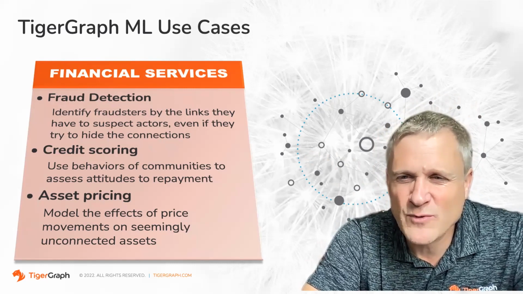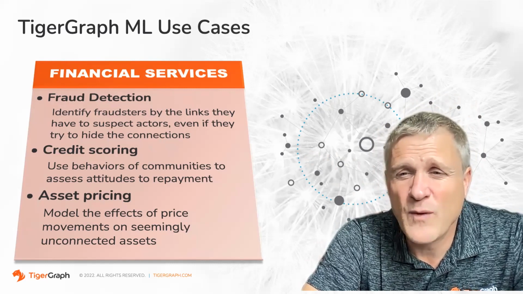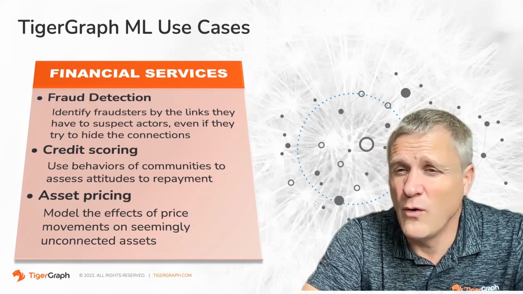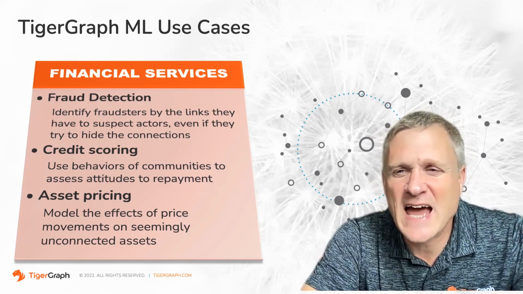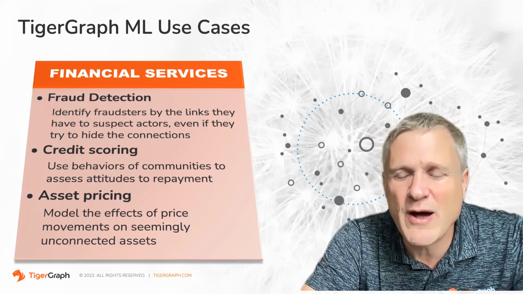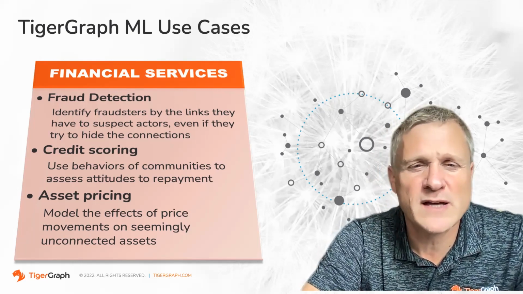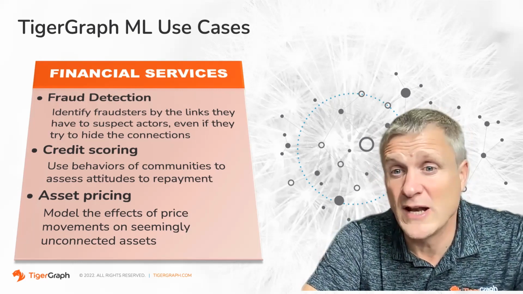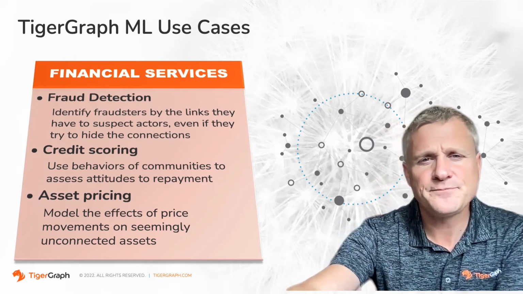When US treasuries move, that moves the price of all sorts of things, but also when individual companies default or the price of their stock goes down, that's going to have a ripple effect throughout the markets, right? It may diffuse in lots of different ways, but asset pricing is a really interesting use case for graphs and graph neural networks in particular.